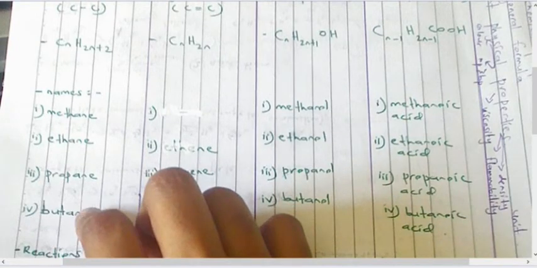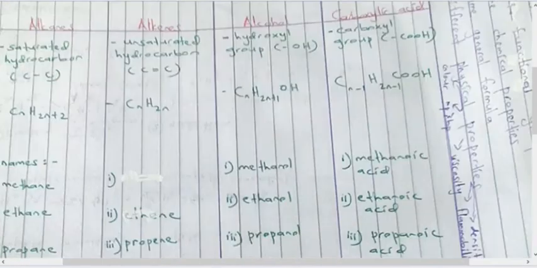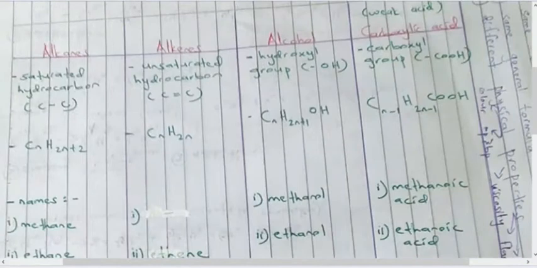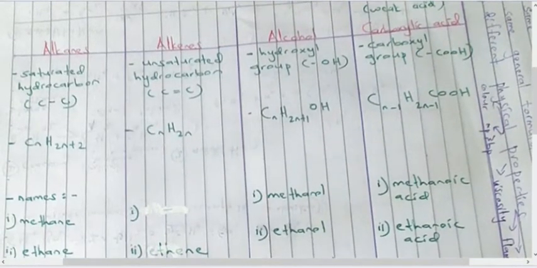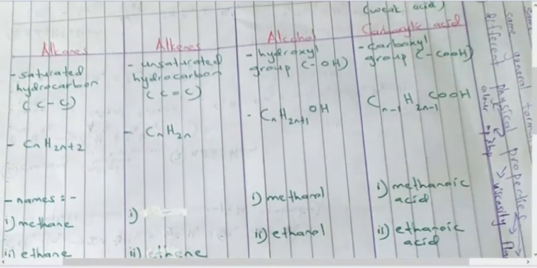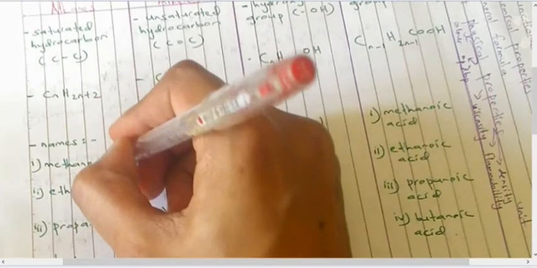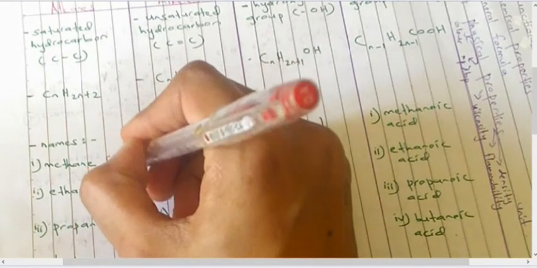So we can fill this into the formula. The general formula was CnH2n+2. Like I told you, methane has one carbon, so we put it as CH2 plus 2, which becomes CH4.